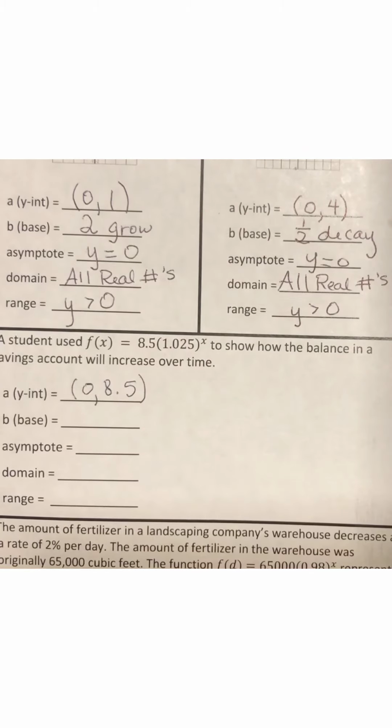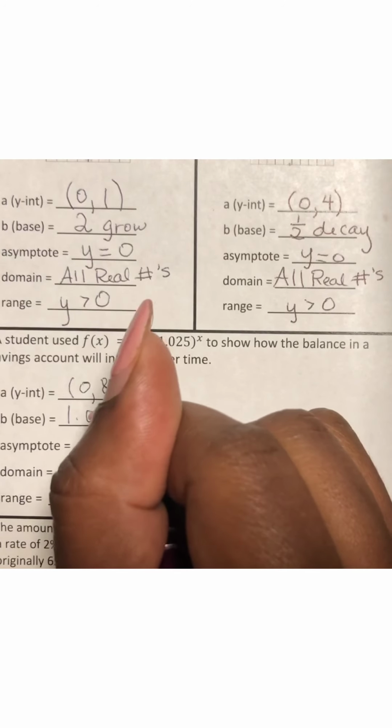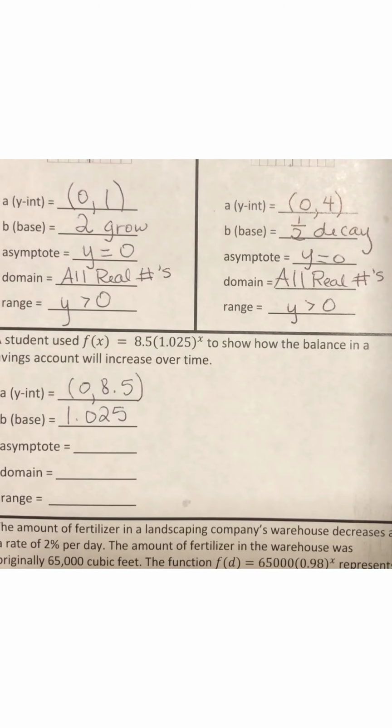So what does this 8.5 mean? Remember from our notes that a represents the initial value or starting point. So that means that they started their savings account with $8.50. Now, the base is 1.025. So, we ask ourselves, is this number between 0 and 1, or is it greater than 1?